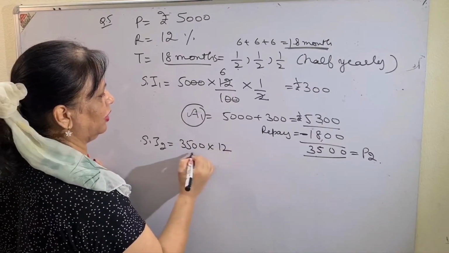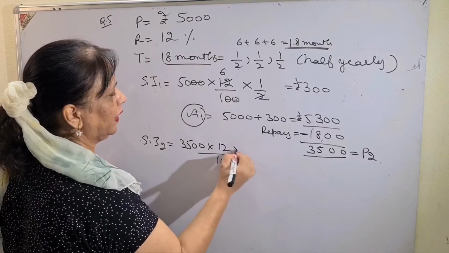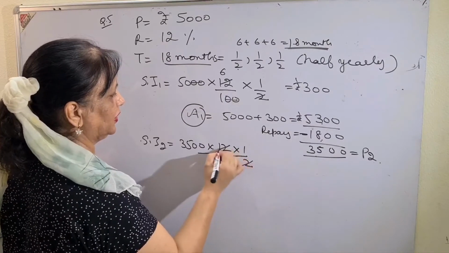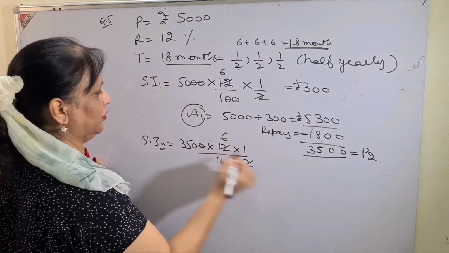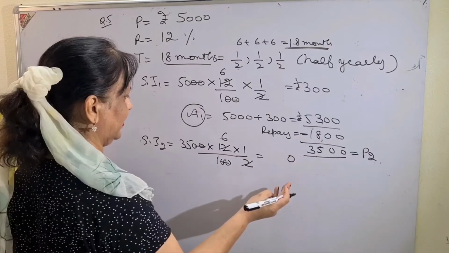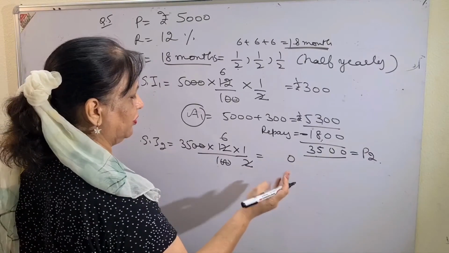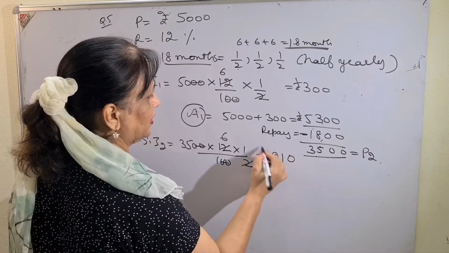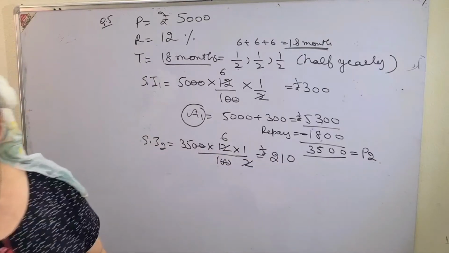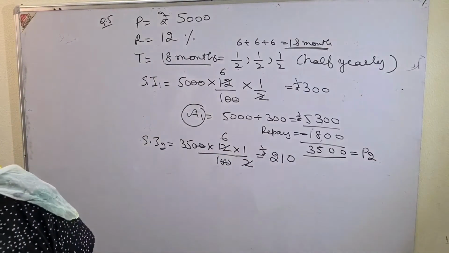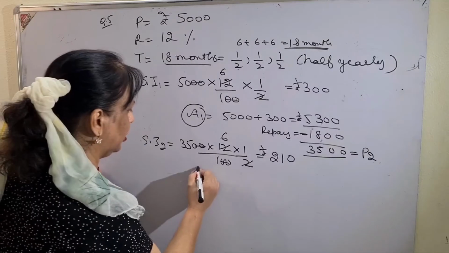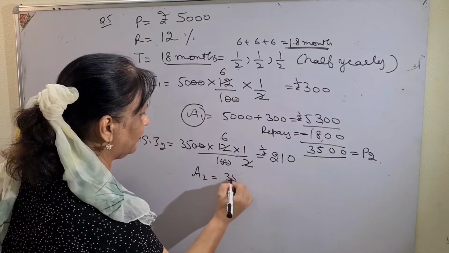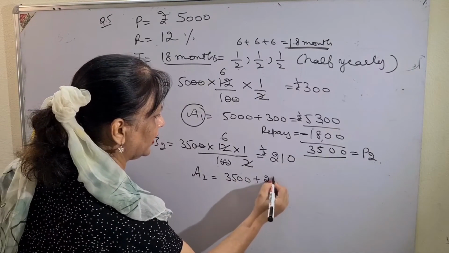Then the same method, 12 upon 100 into again half. 2 6s are 12, and again you cut it. 6 5s are 30, 6 3s are 18, 19, 20, 25. But this is your second interest, 210. I hope you followed. Then what will be amount 2? Amount 2 will be 3,500 plus 210.